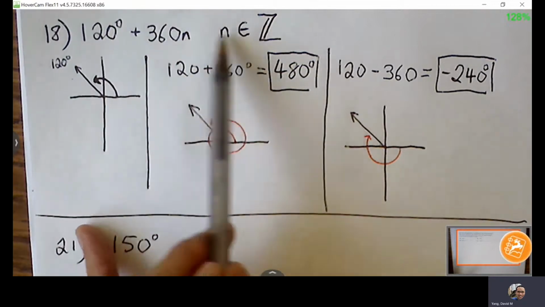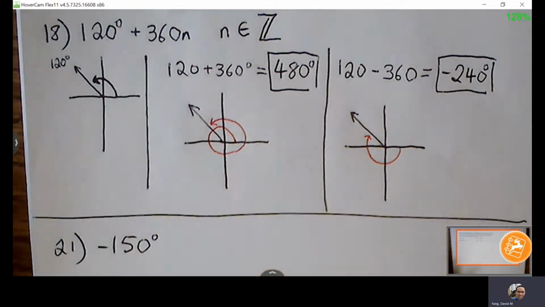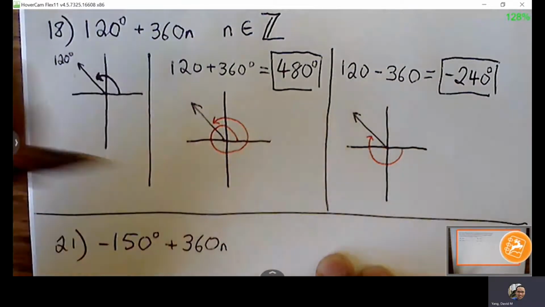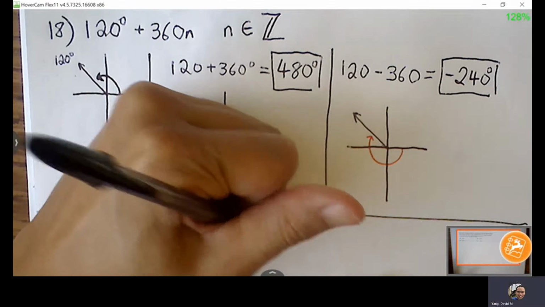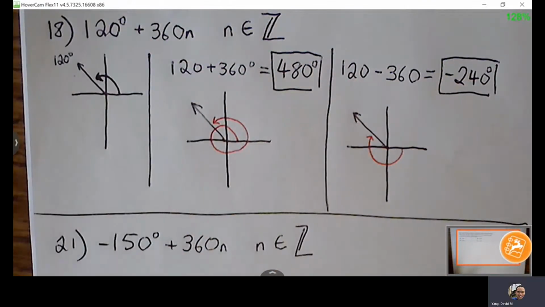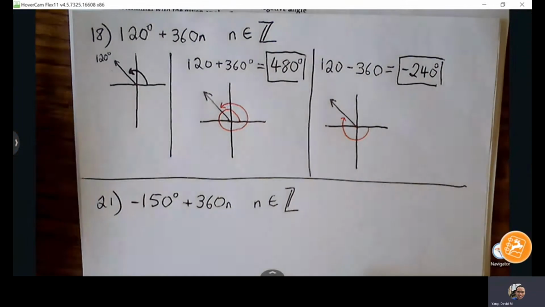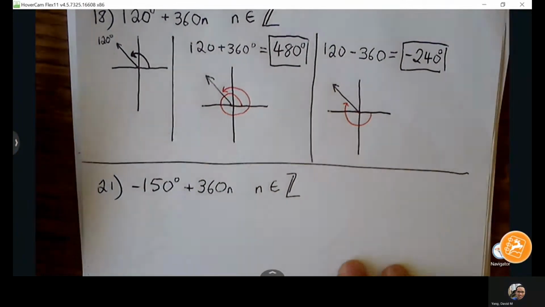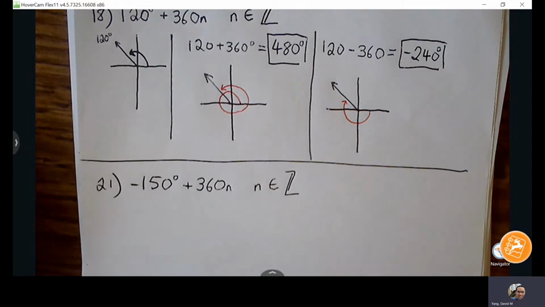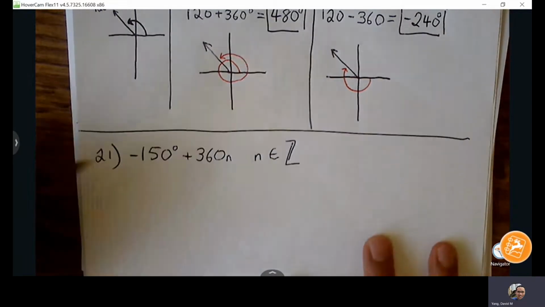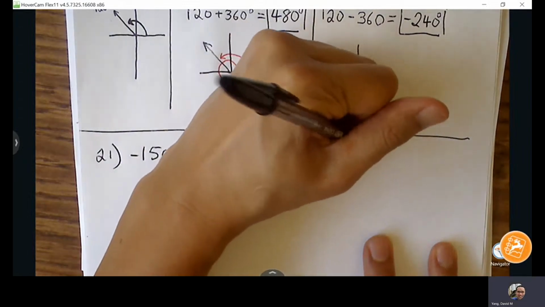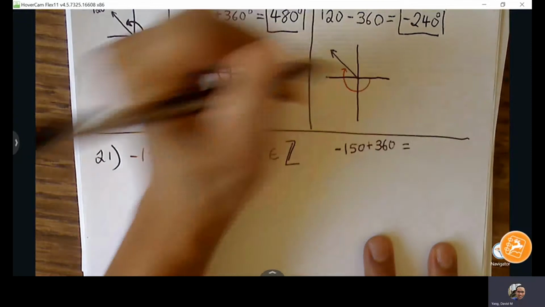So we just follow the same model as what we did above. If you're looking at that negative 150 and you don't know exactly where it is, it's okay. Let's just add 360 so we can at least recognize where that angle is a little bit more clearly.